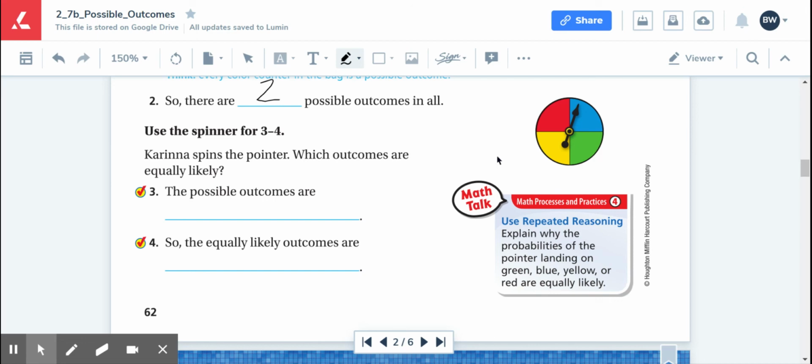Yes, it does. Our possible outcomes are going to be red, blue, green, and yellow. And the equally likely outcomes are the same thing.